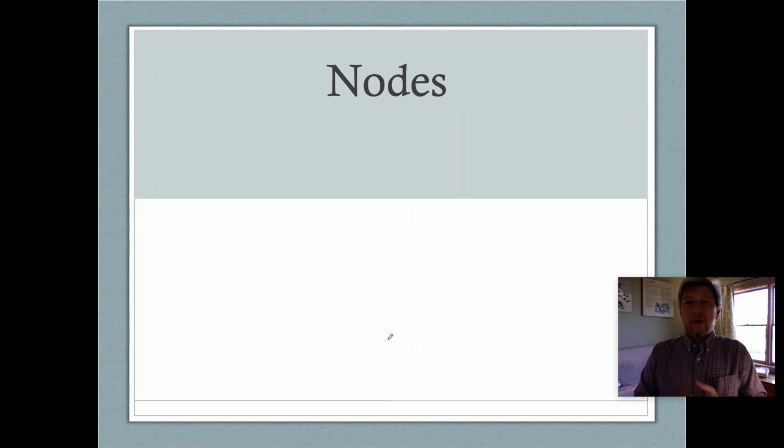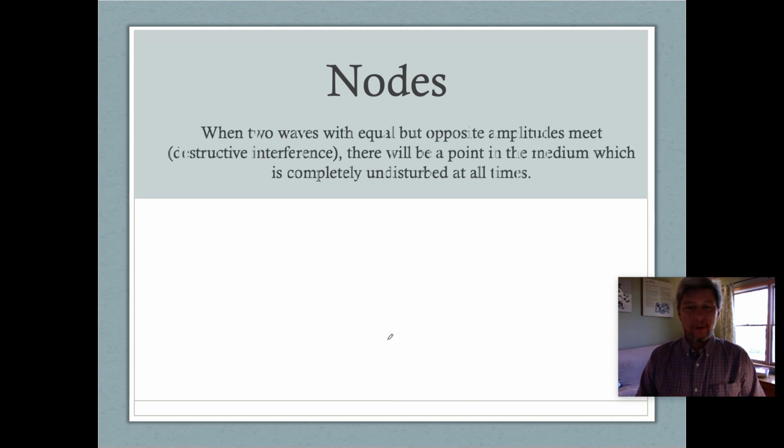Now, there are some properties of these waves that interfere with one another that you should be aware of, okay? When two waves with equal but opposite amplitudes, so in other words, one on the top, one on the bottom, come together and they meet, there's going to be what we call destructive interference, all right? We know all of this from the previous couple of slides.